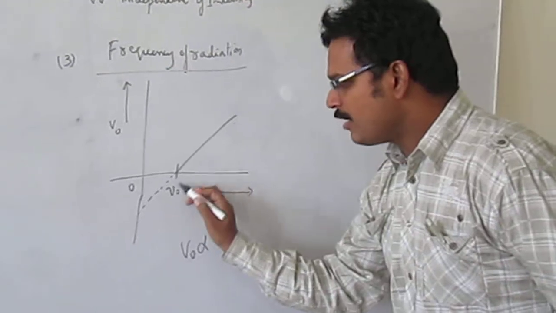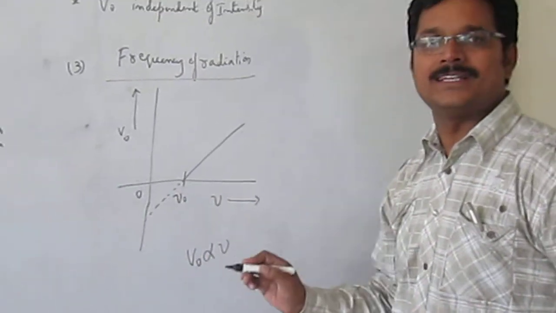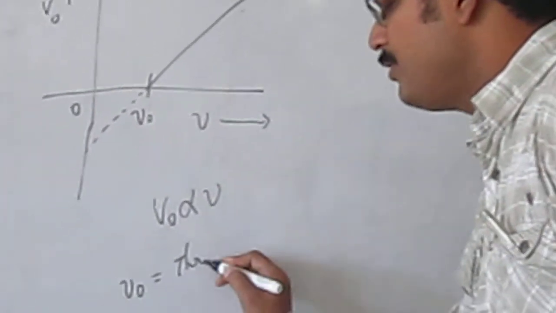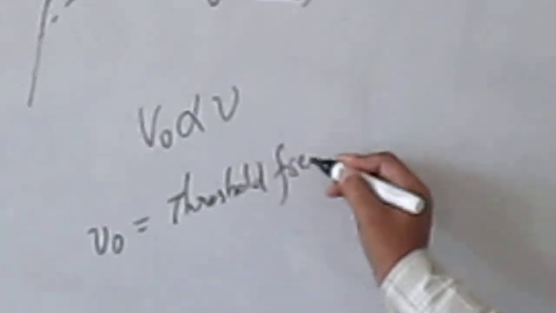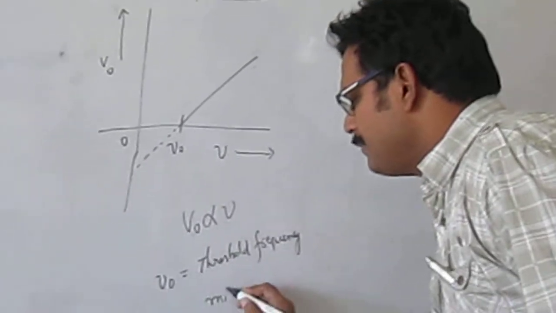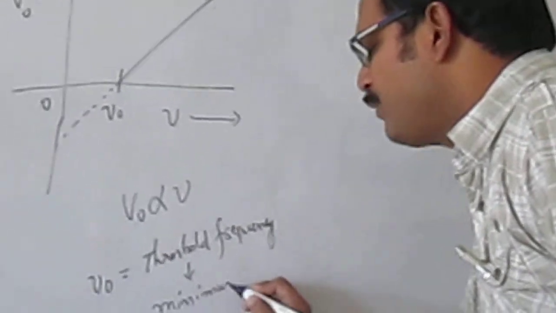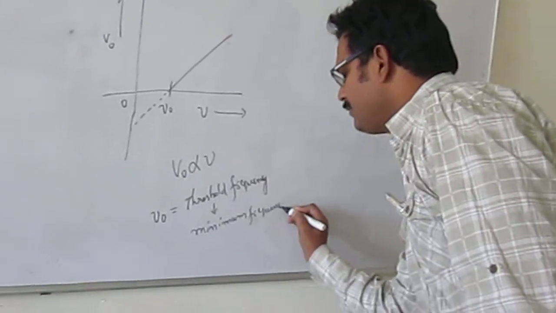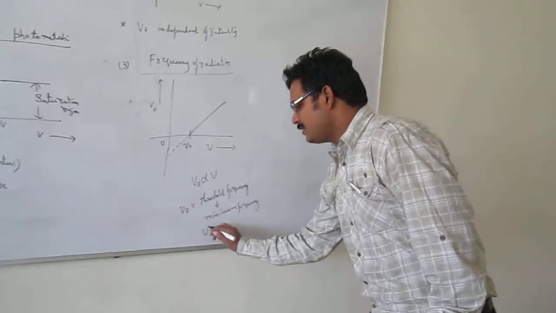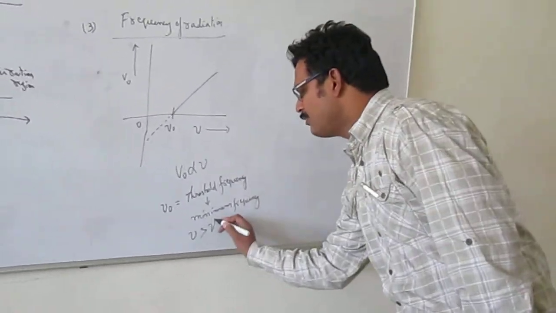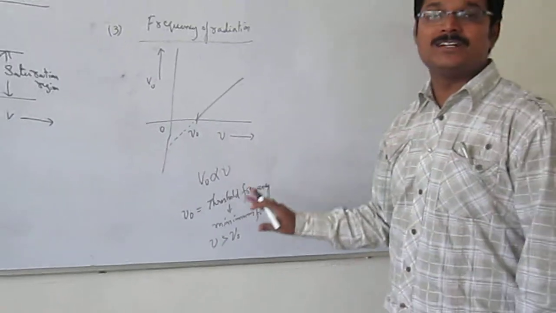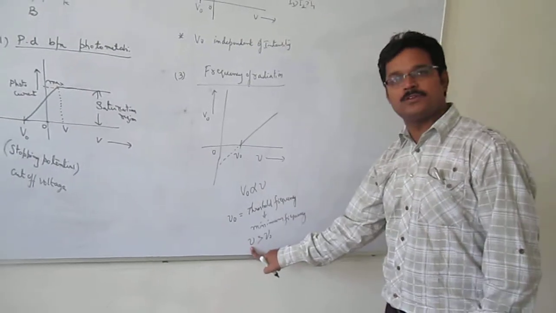But at a frequency nu naught, the stopping potential becomes zero. So nu naught is called the threshold frequency. Threshold frequency means the starting frequency. It is the minimum frequency required for the photoelectric effect. All the radiations whose frequency nu is greater than nu naught, only then does the photoelectric effect occur. If not, the photoelectric effect does not occur.